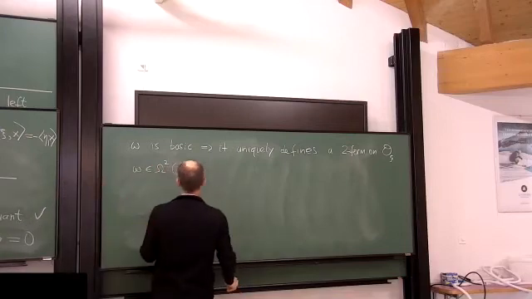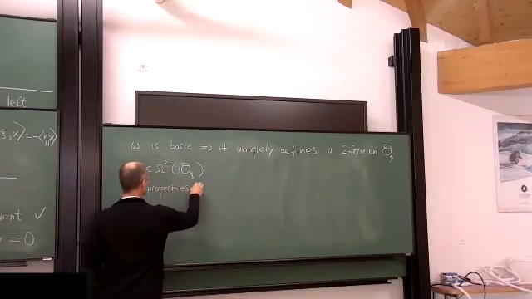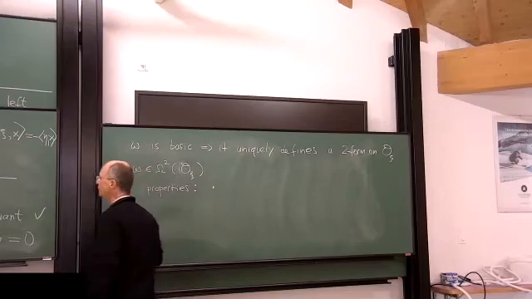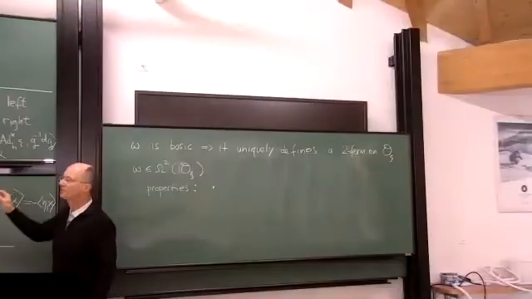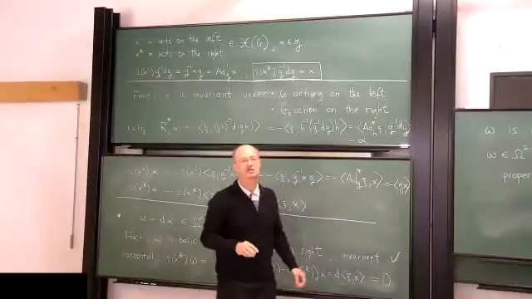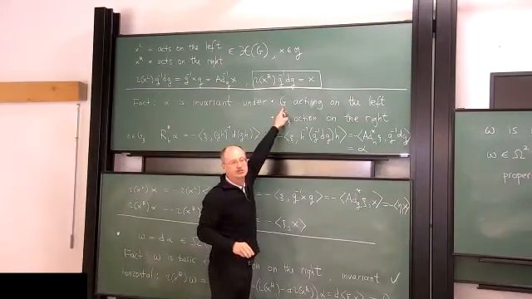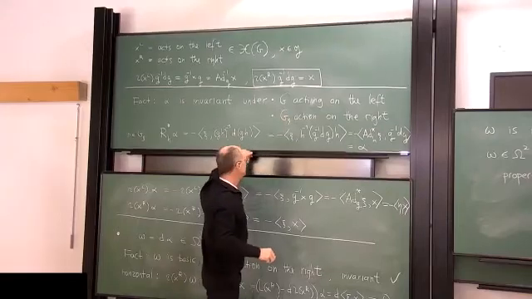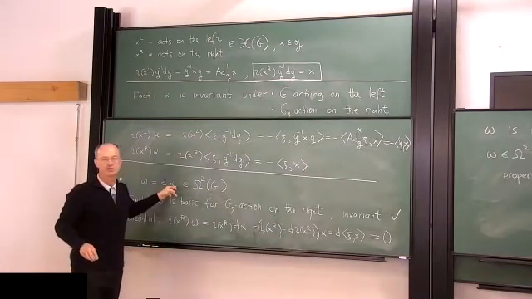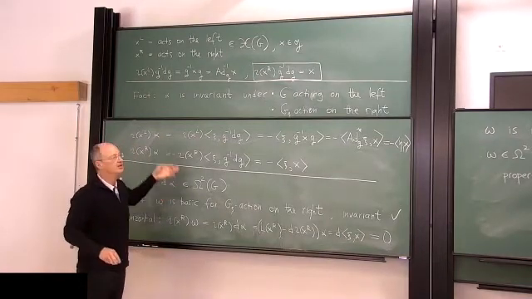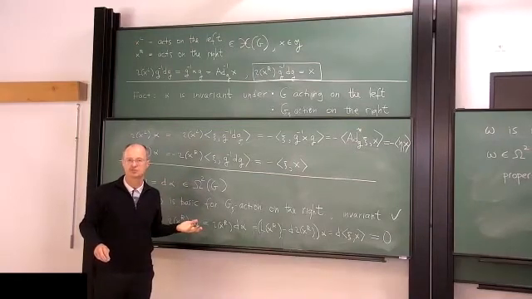So what are its properties? Well, recall that alpha was G invariant for the left G action. Now, of course, our original omega, which is d alpha, is also G invariant for the left G action. Now it descends, since the right action commutes with the G action on the orbit.